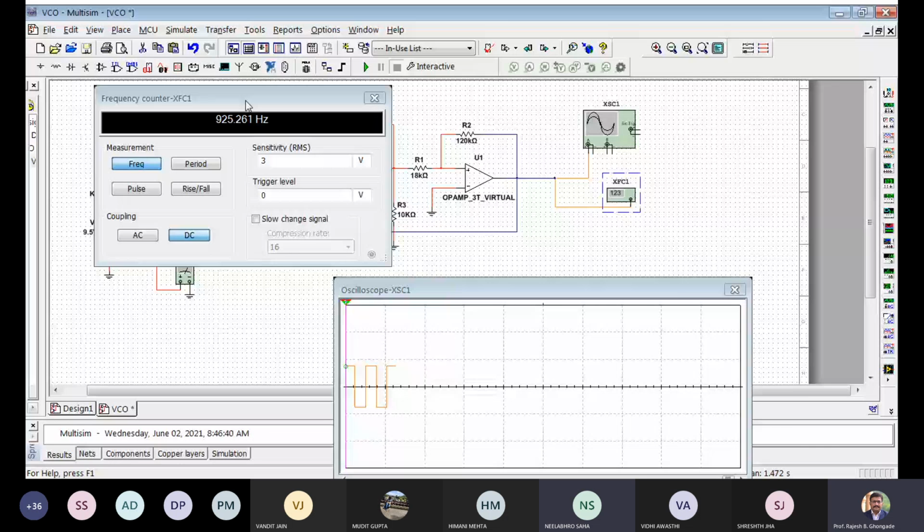The screen has frozen once again, I think. Is it frozen, or are you able to see it? It is frozen, sir. Oh, what is happening here?